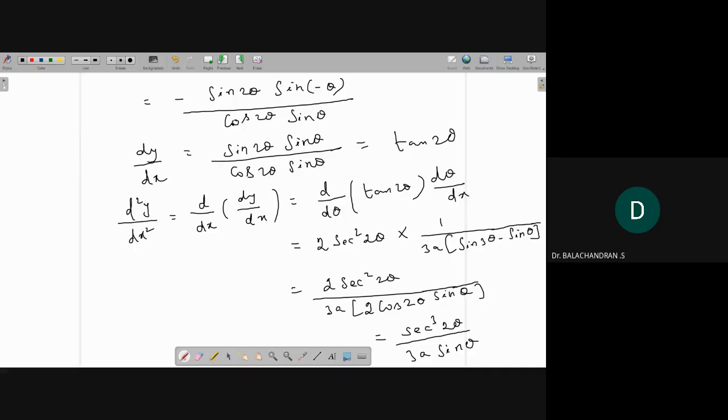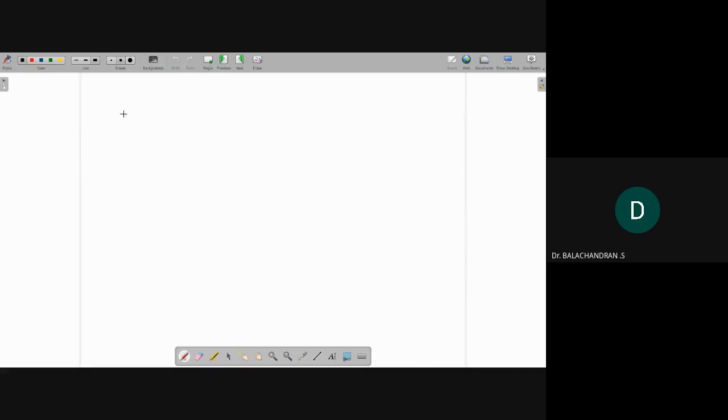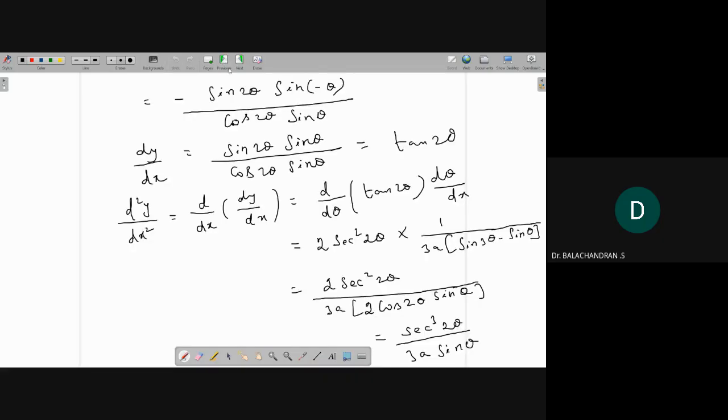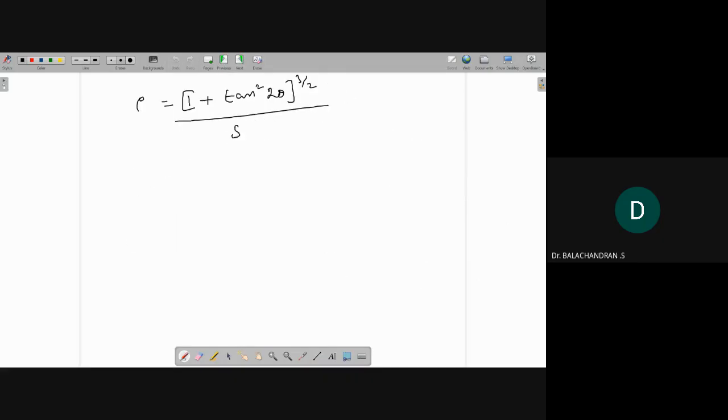Now substitute everything in the formula. Rho equal to 1 plus first derivative squared, whole power 3 by 2. The first derivative is tan 2 theta, so tan square 2 theta whole power 3 by 2. What is the second derivative? Second derivative is secant cube 2 theta divided by 3a sine theta.